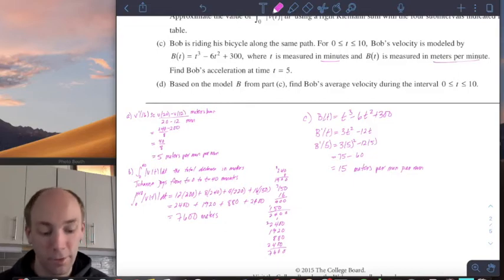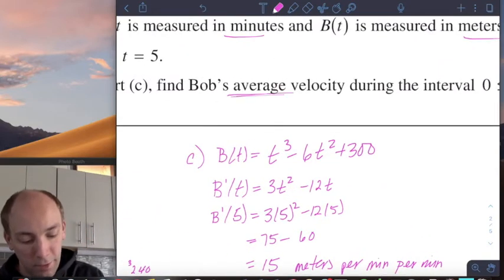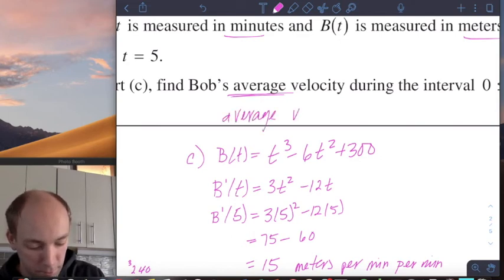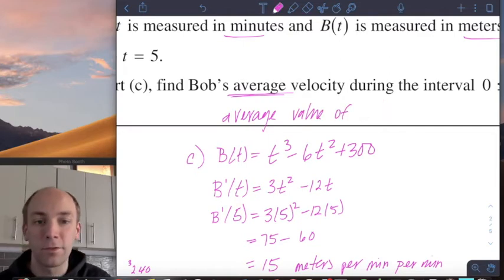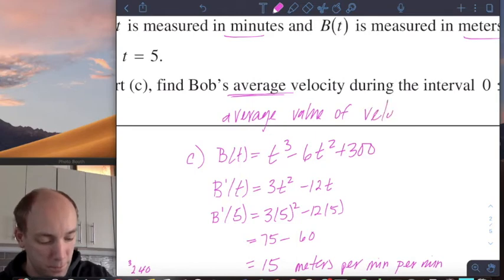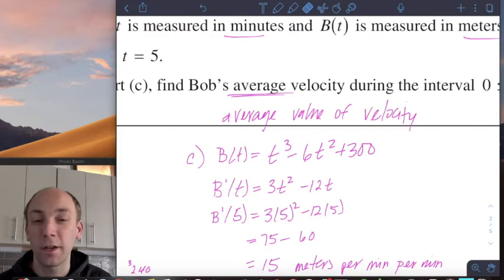Okay, so average velocity. Think of this as the average value of your velocity. So how do you find an average value? Do you remember how to find an average value?